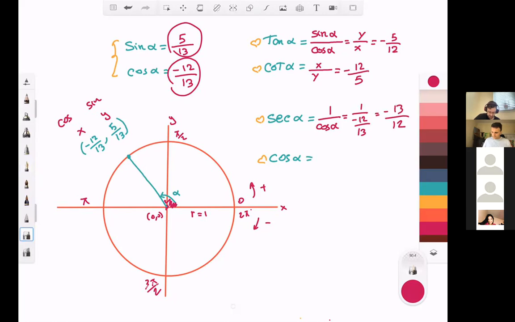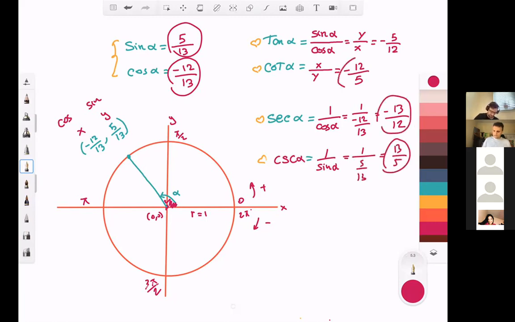Cosecant of alpha is 1 over sine of alpha. It will be 1 over 5/13, which is 13/5. So we solved the six trigonometric values for this coordinate.